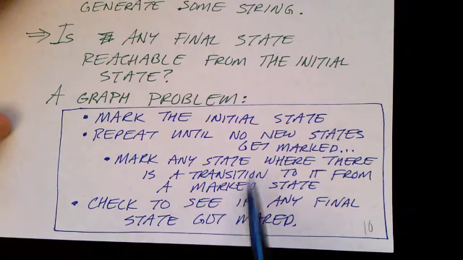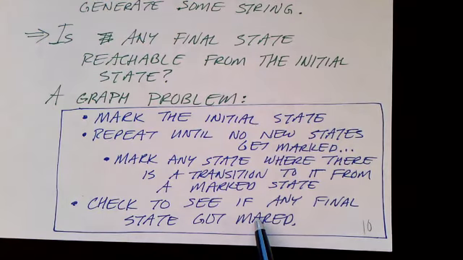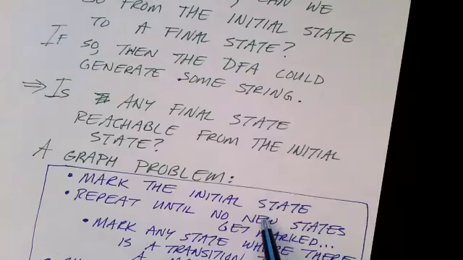After that, we've marked everything that's reachable. There are no transitions from marked states to unmarked states, so we've marked all the states that are reachable from the initial state. And then all we need to do is check to see whether any of our final states in the machine got marked.